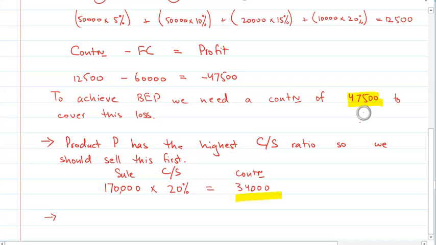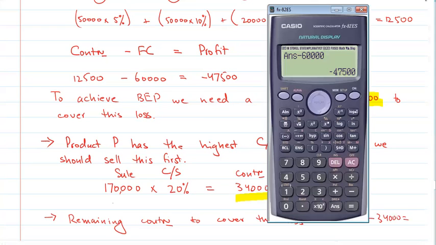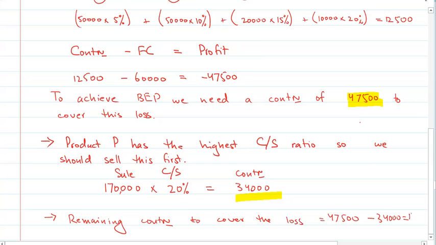If we have already covered 34,000, the remaining contribution to cover the loss is 47,500 minus 34,000. So how much is the remaining contribution? That will be 13,500. We need that much more contribution.